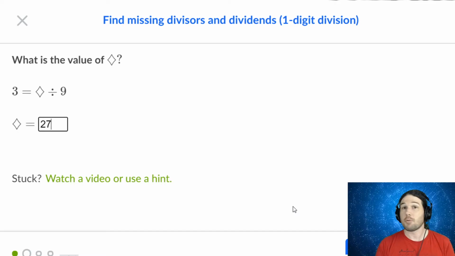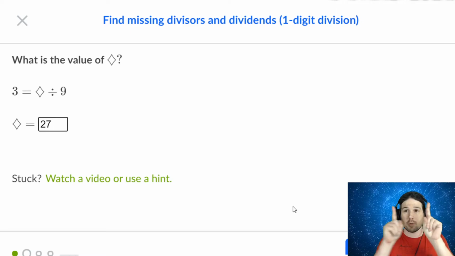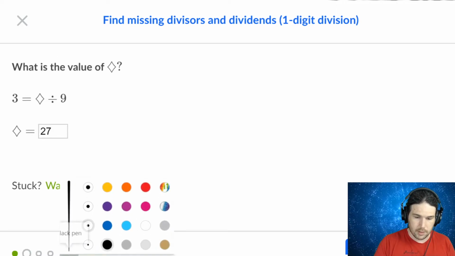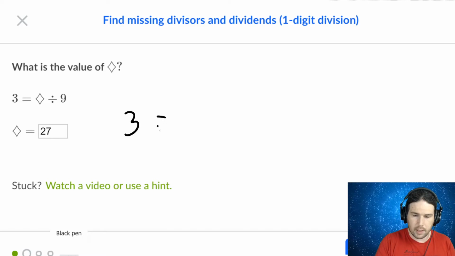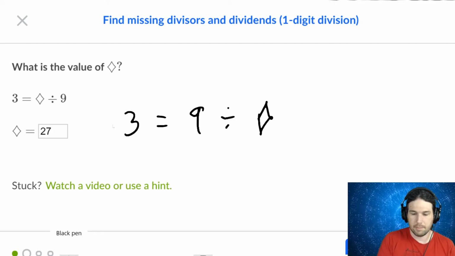I managed to obviously get it under control before I hit enter, but I was about to put the number 3 in there, and what I think I did was, I think I just switched the sides. Because if it was 3 equals 9 divided by blank, that would be correct, right? If it was 3 equals 9 divided by blank, then the answer would be 3.